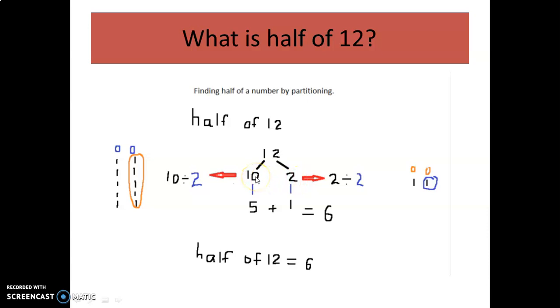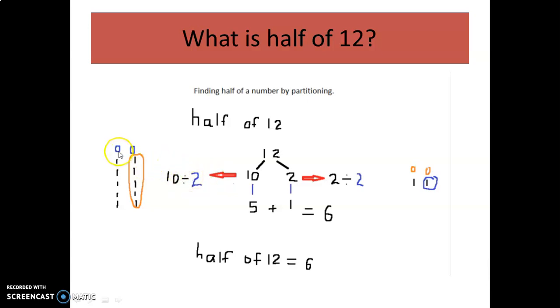Now we are going to do it a little differently from how we were doing it when finding doubles. This time we are finding halves, which means we are going to divide. So we are going to find half of 10. You can find your space and then divide 10 by 2.